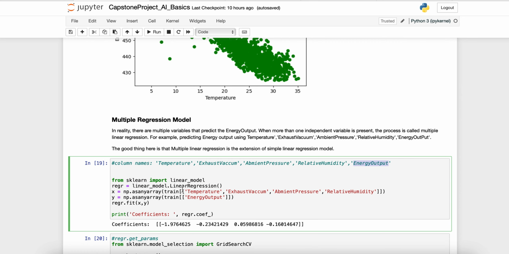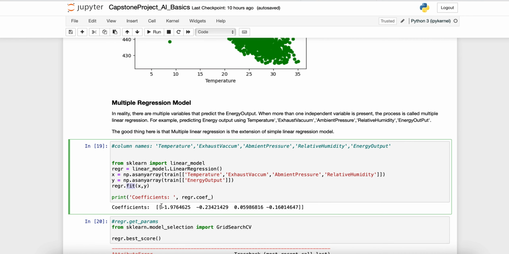So I have imported linear regression from the sklearn library, and I'm fitting it on x and y, where x is all the features: temperature, exhaust volume, ambient pressure, relative humidity. I can see the coefficients are like this for each feature.